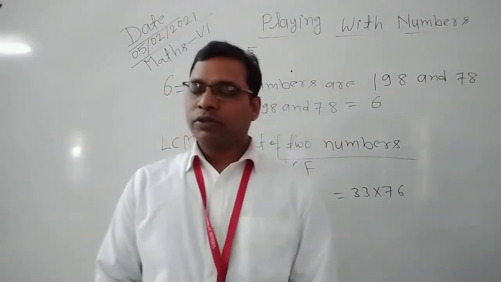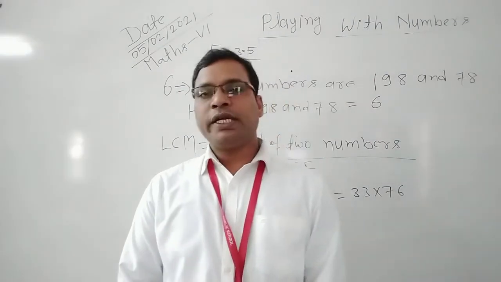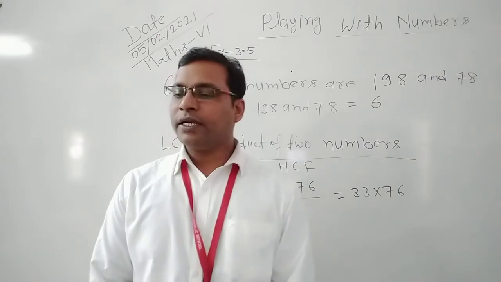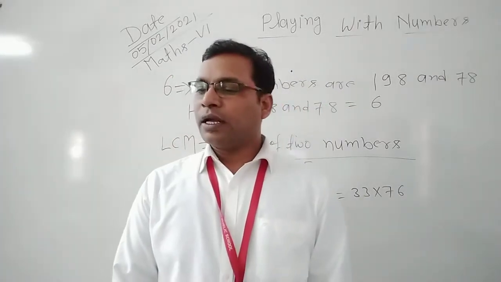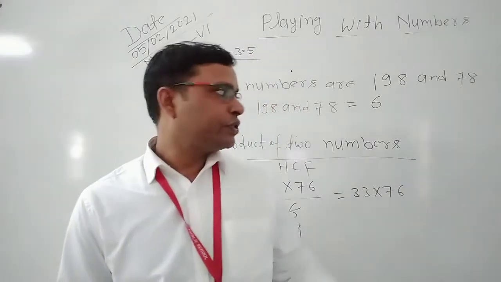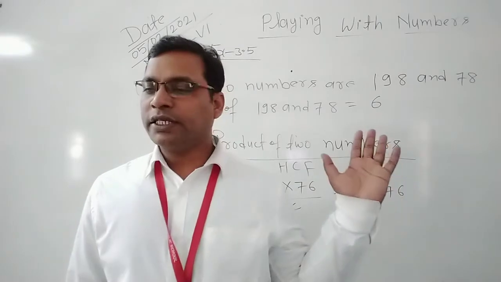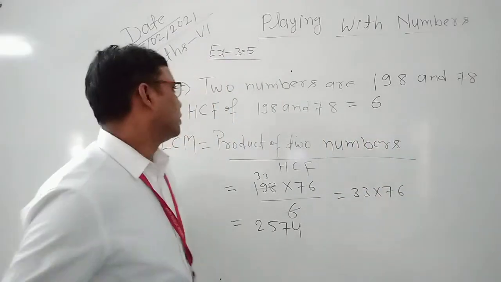Question number 7 says: find the HCF of 180 and 336, and also find the LCM. So you use the same method to find the LCM and the HCF. Okay, so let's see the given two numbers.